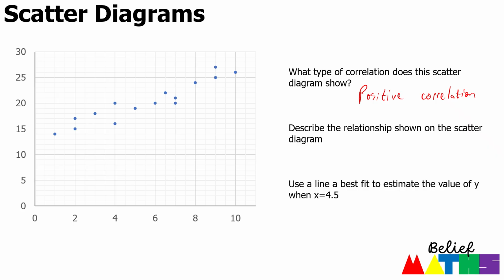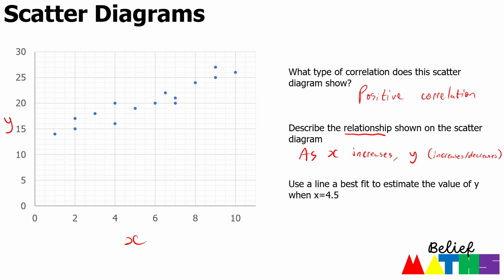The relationship is different, and what you have to do is talk about the context. Now, I've not put any titles on here intentionally, but whatever the context is, you're going to use this sentence structure. As x, and you're going to put in the name for x, increases, y, and then you're just going to make a decision here, increases or decreases.